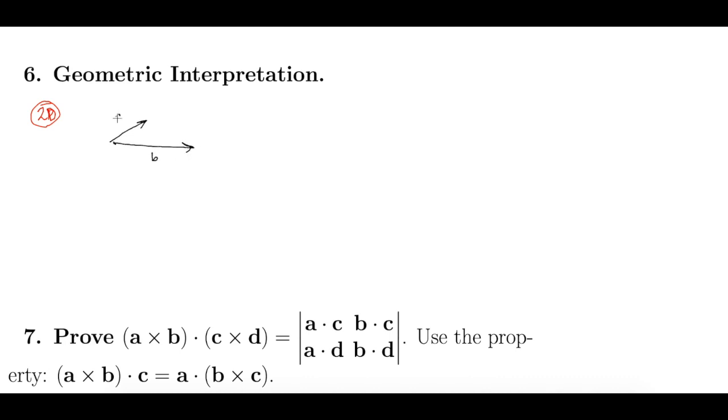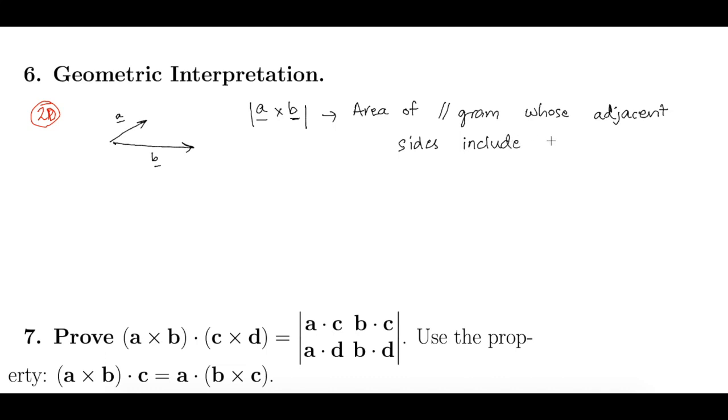So this is my B and this is my A. Now we want to show that this represents the area of a parallelogram whose adjacent sides include vector A and vector B.